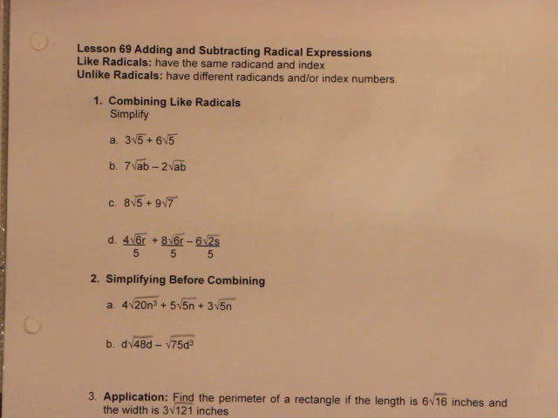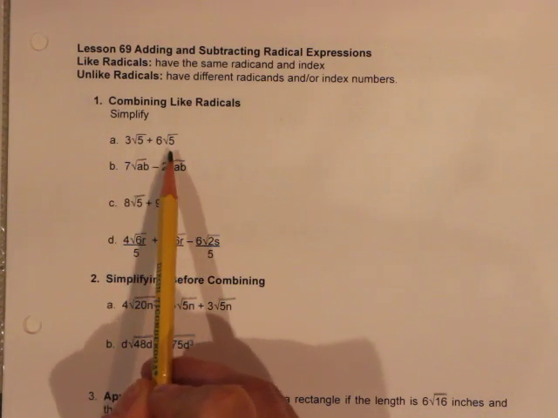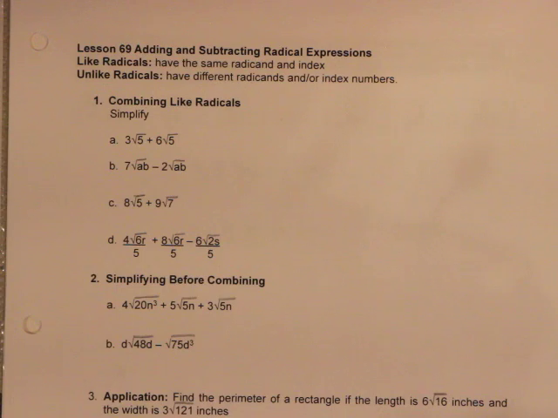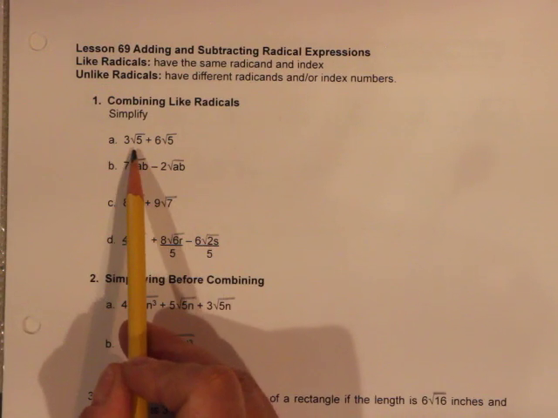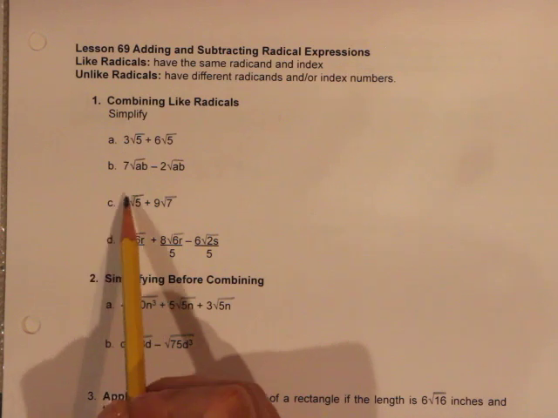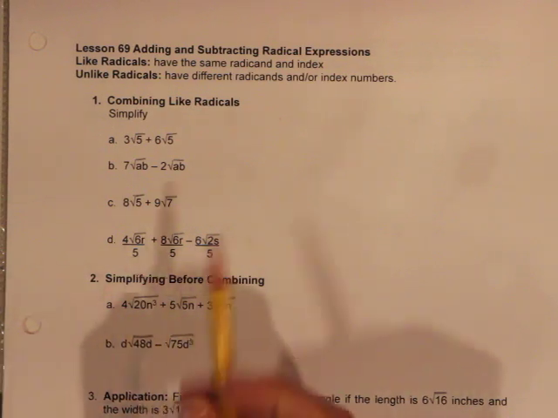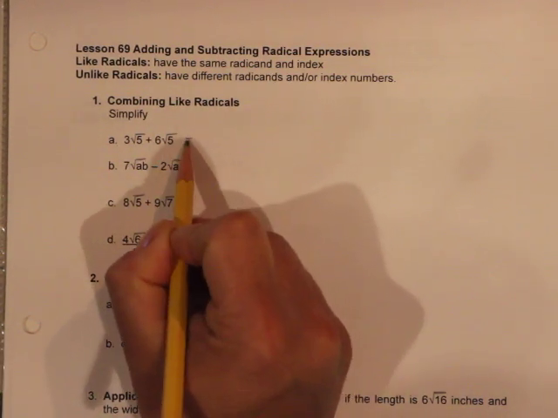We can think of this the same way we think of any of our like terms. When we have the square root of 5 here and the square root of 5 here, these are considered like radicals because I've got 3 square roots of 5 and 6 square roots of 5. They have the same radicand and the same index, so I can combine them, the same way that I combine any other like terms.